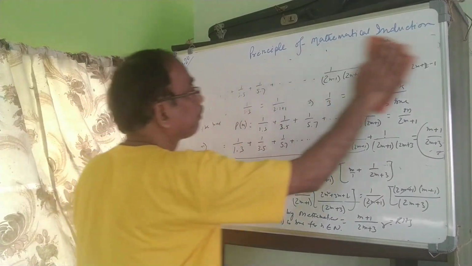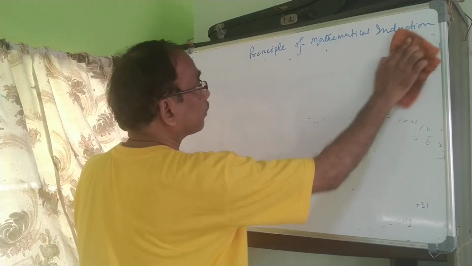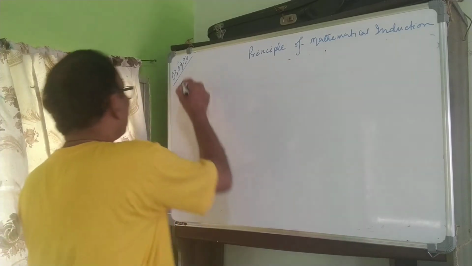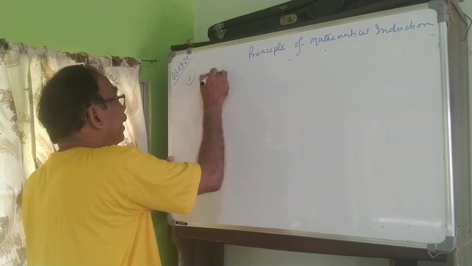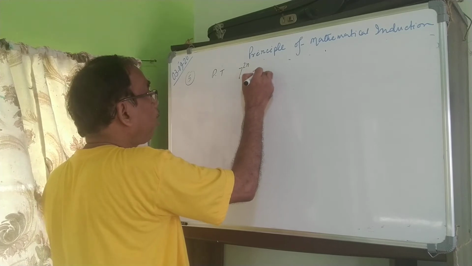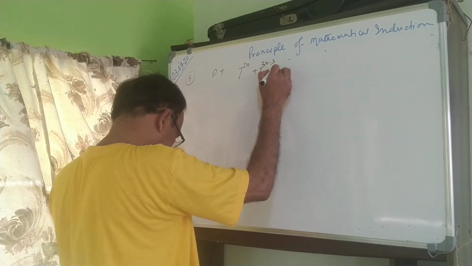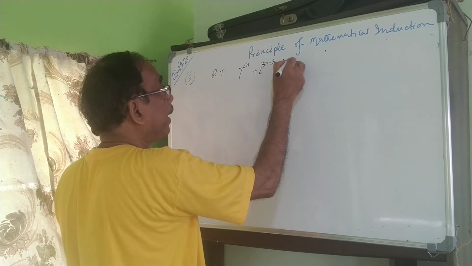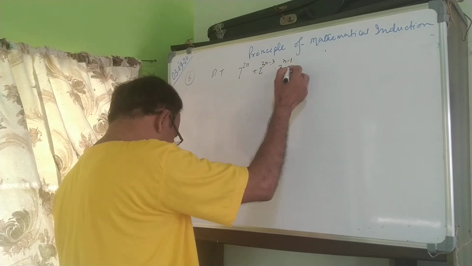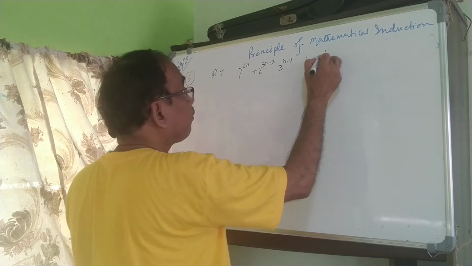Next, sum number 5. Question number 5. Prove that 7^(2n) + 2^(3n-3) · 3^(n-1) is divisible by 25.